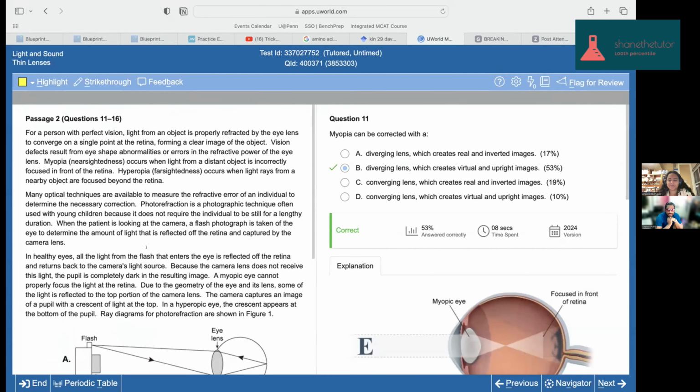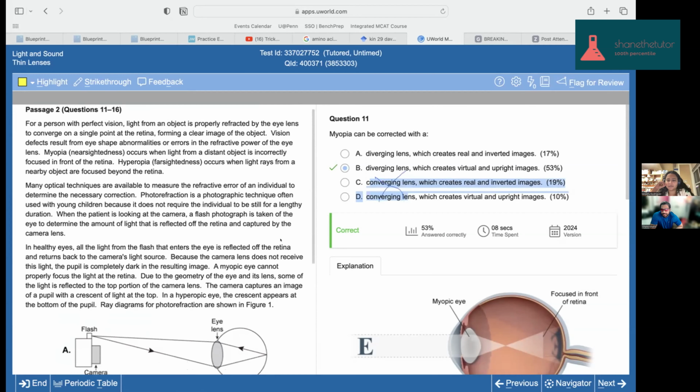Well, we would get rid of C and D. So we get rid of converging, good. And from what I showed you also, diverging is always upright and smaller. So A says real inverted, which won't be true, right? So B.